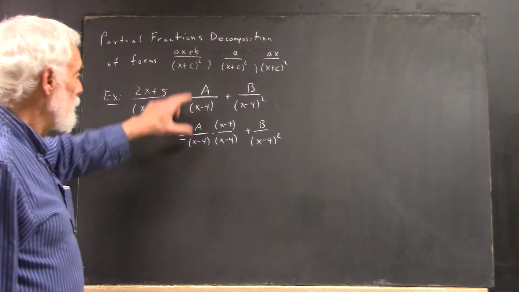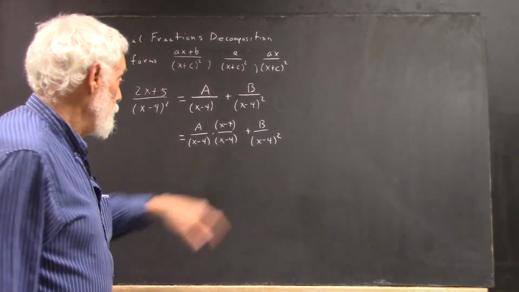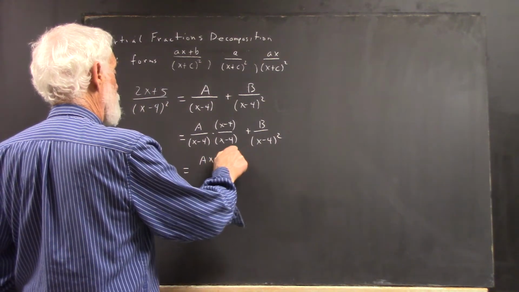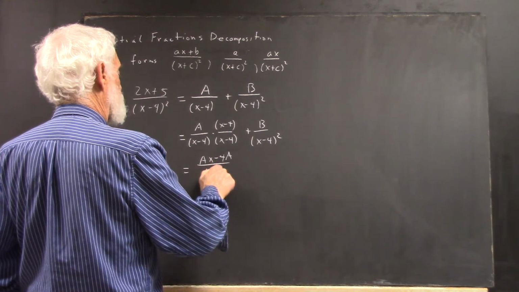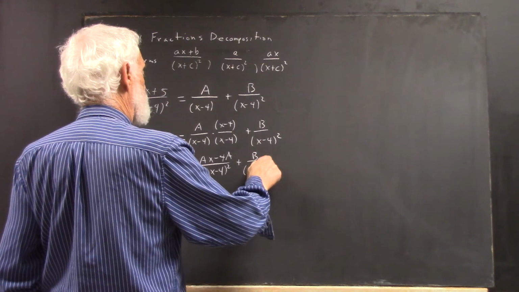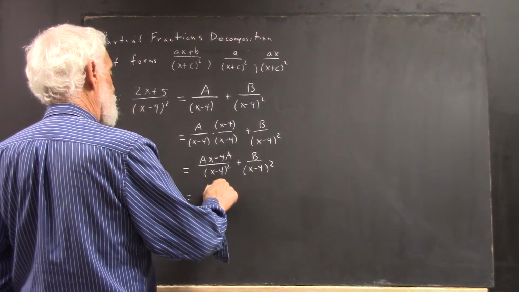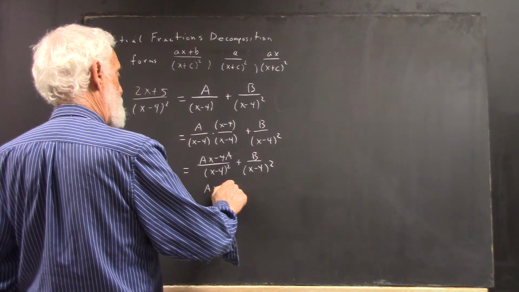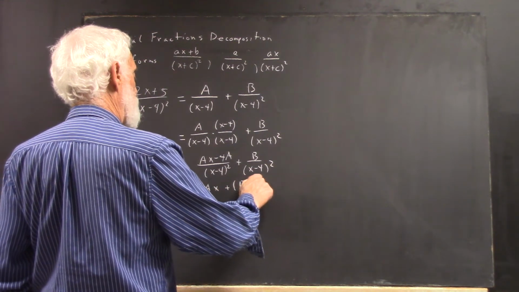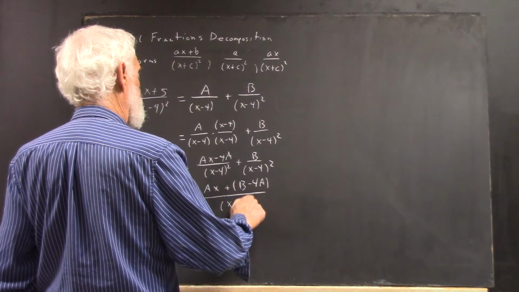Okay, so we multiply the first fraction by x minus 4 over x minus 4, which will make the denominator x minus 4 squared. And this, of course, gives us ax minus 4a over x minus 4 squared plus b over x minus 4 squared, which is then ax plus, I'll write it this way, b minus 4a with quantity x minus 4 squared.